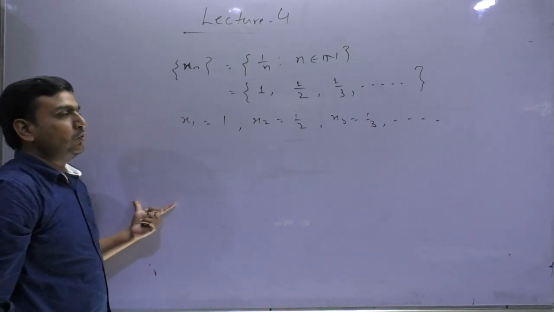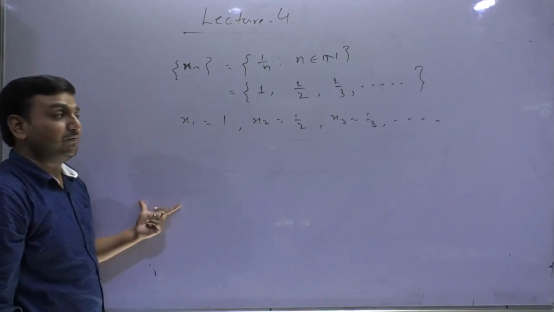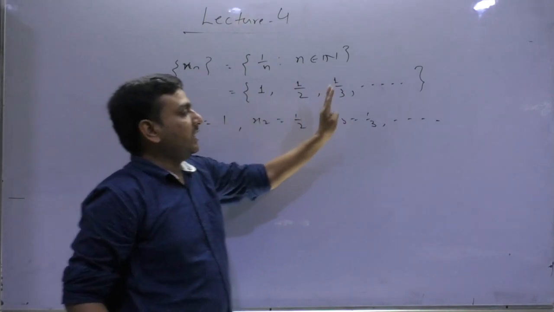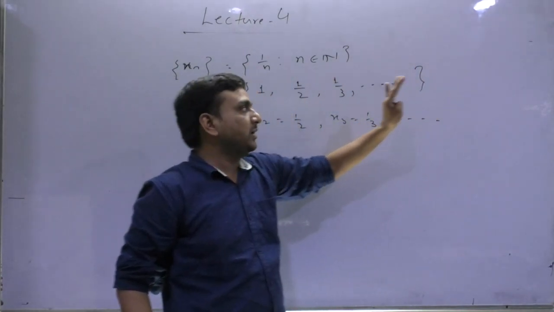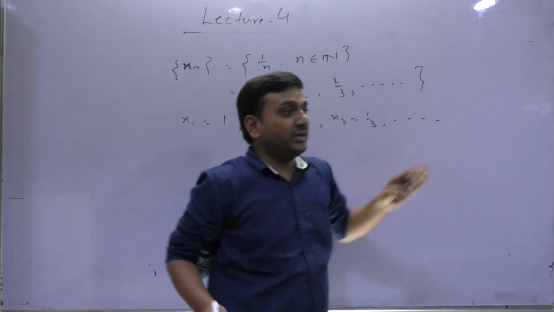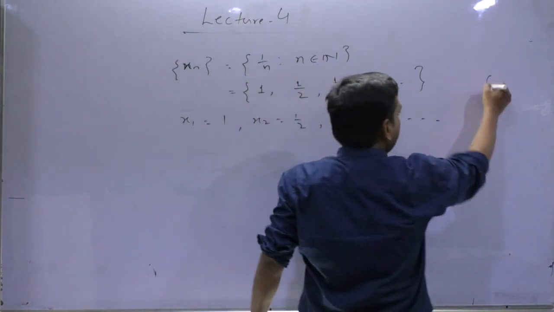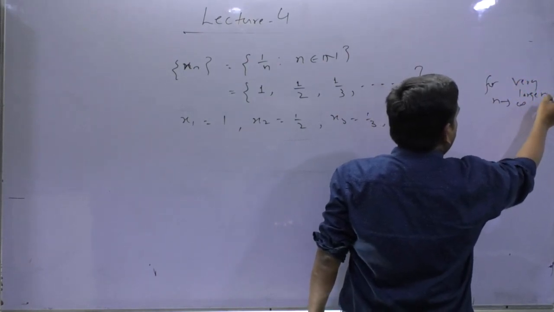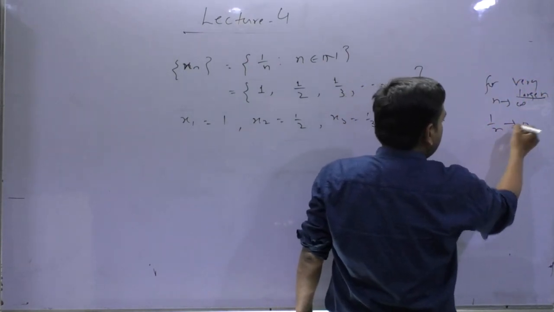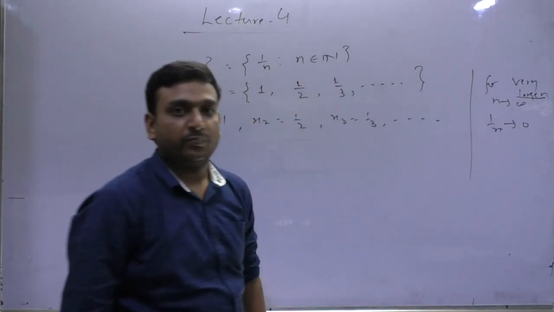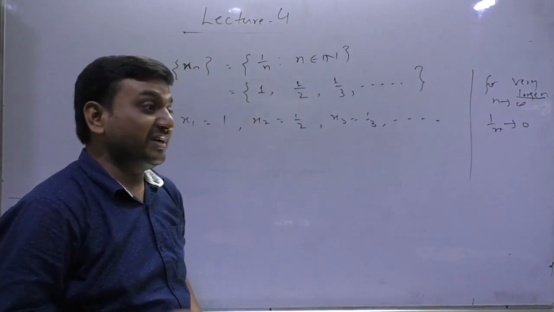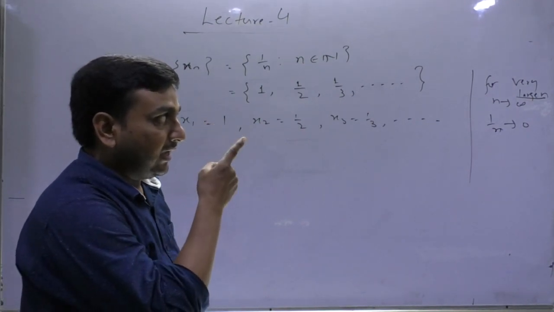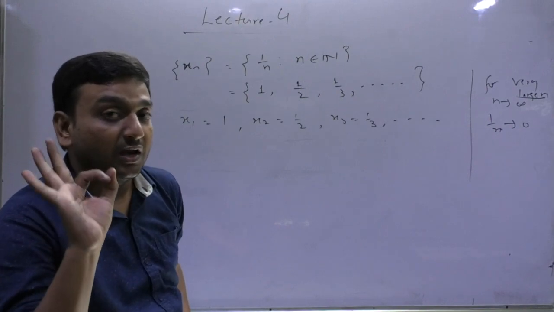Now, I want to show you what the definition of convergence means. If I keep on increasing this denominator, for n tending to infinity, or for a very large value of n, 1 by n will tend to 0. So now I am interested in knowing whether L equals 0 may be the limit.